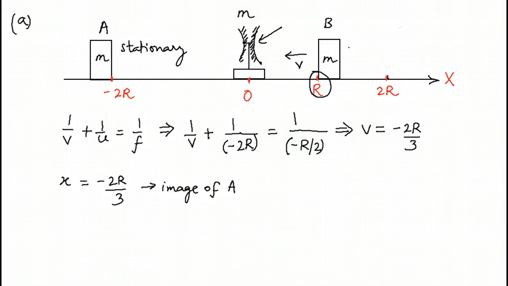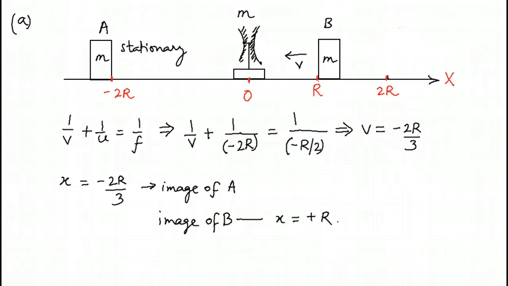When the object is at the center of curvature, the image must also be at the center of curvature, which essentially means that the image of B will have an x coordinate of plus r, and that's the answer to part A.